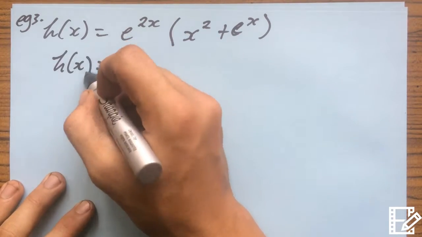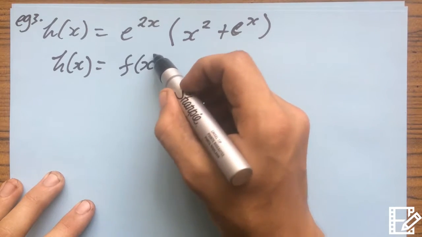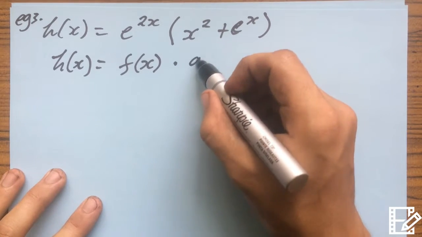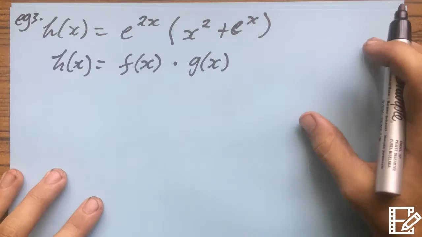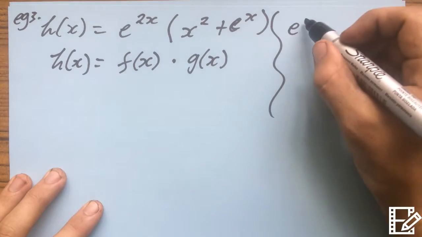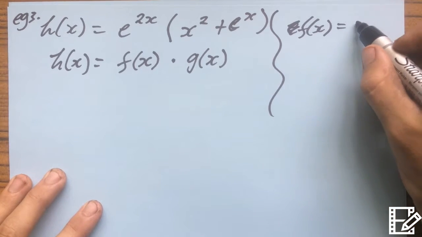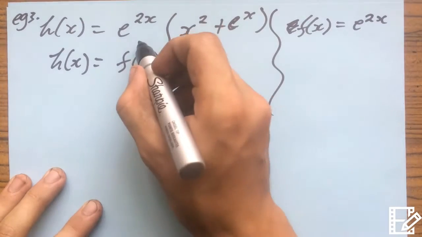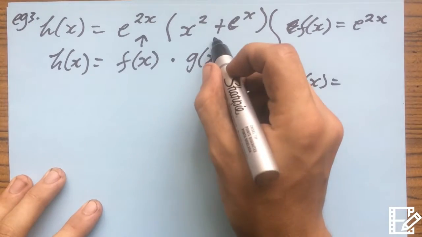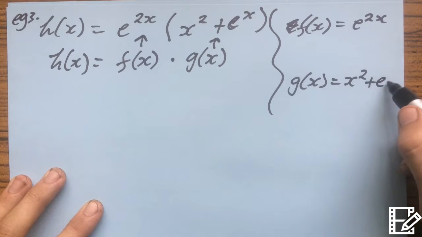So, just like before, we have a function e to the power of 2x multiplied by another function x squared plus e to the power of x. So if we label them as such, f(x) we can label as e to the power of 2x, and g(x) we can label as x squared plus e^x.